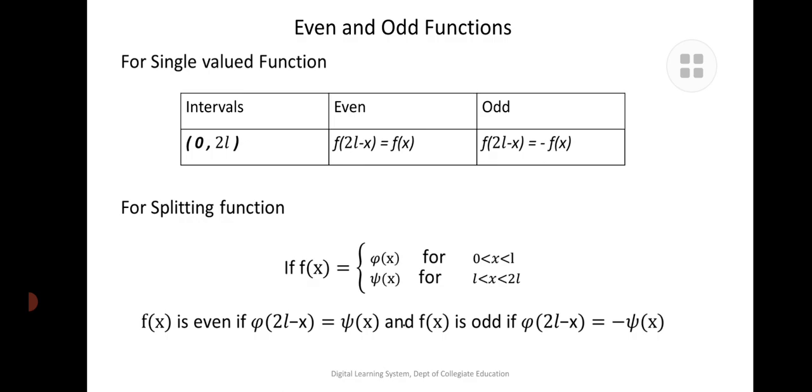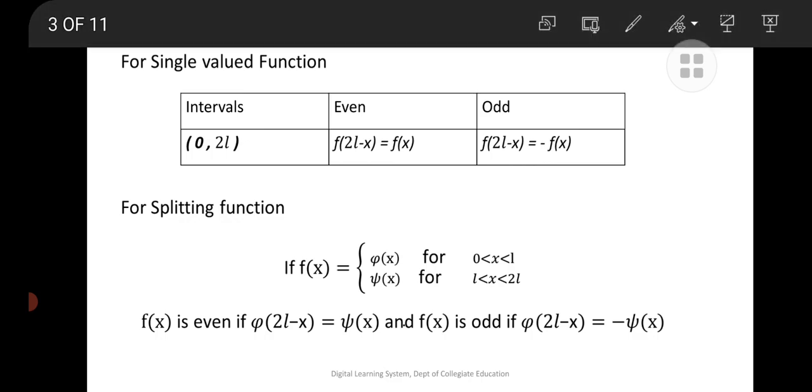Under that condition, if the function f of 2L minus x is equal to f of x, then we can say that it is an even function. If f of 2L minus x is equal to minus f of x, then we can say that it is an odd function.